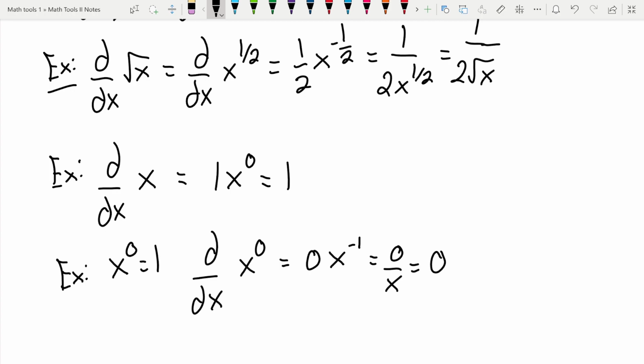Of course, here we have the restriction that x is not equal to 0. But regardless, we're really just showing that the derivative of 1 is 0. And 1 is not special here. You can show that the derivative of any constant function is 0. So that's relatively easy to do just using the derivative definition.